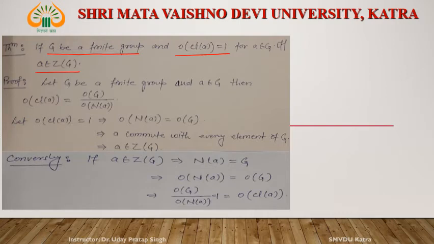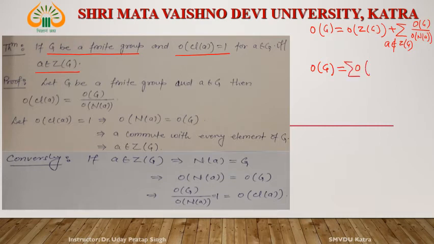Remember the class equation: the order of G is equal to the order of ZG plus the summation over the order of G by the order of NA for all those A that do not belong to ZG. And the order of G is equal to the summation of the order of the conjugate class of A over A belonging to G.